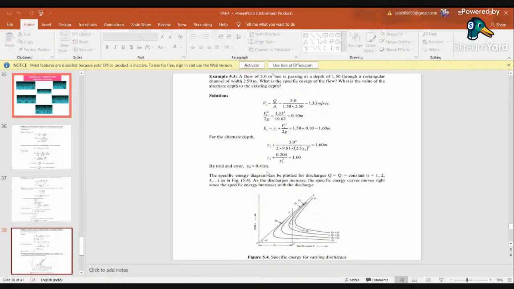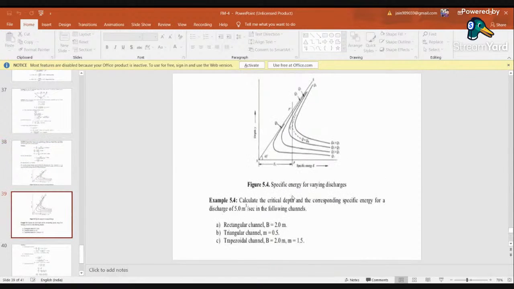Okay, here for these two equations the specific energy plot is also being calculated for the given q as well as q1 up to the values of given depth, whatever values you can plot. Okay, on the x-axis they had plotted the energy and on the y-axis they had taken the depth.